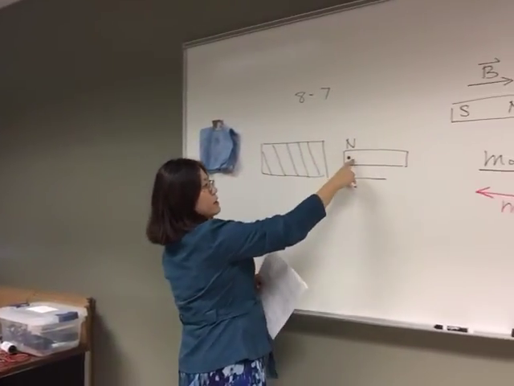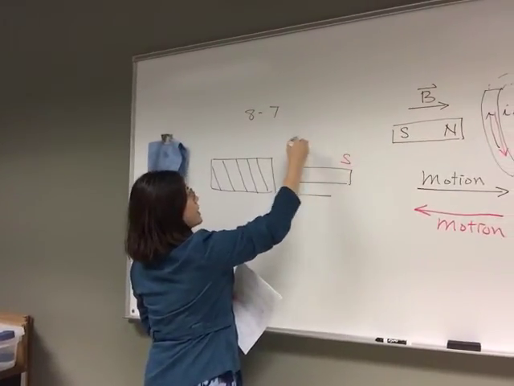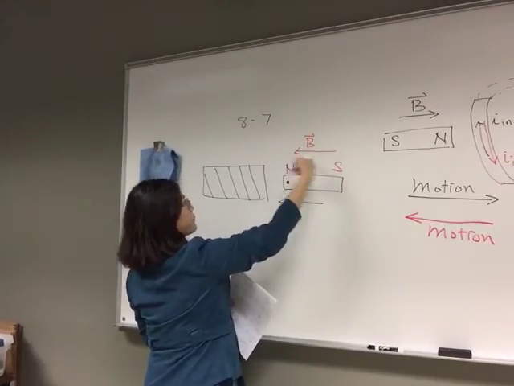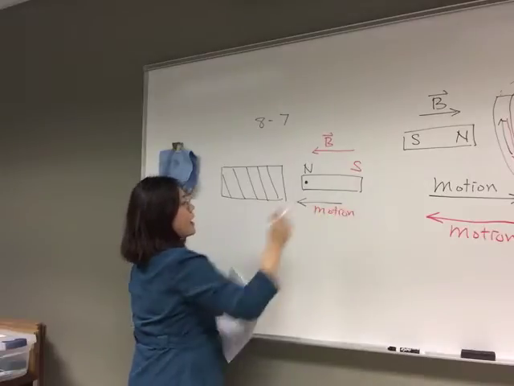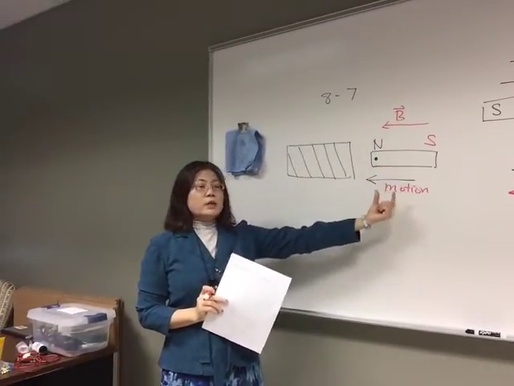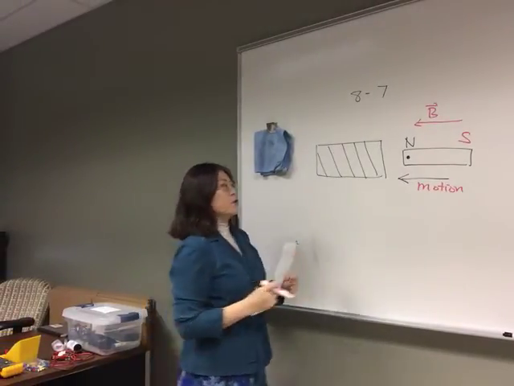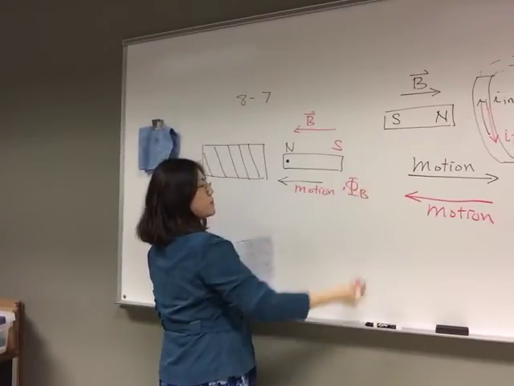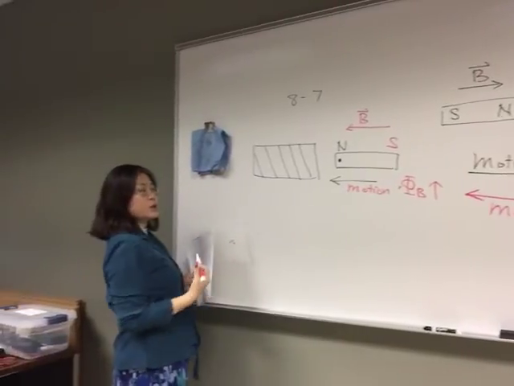You have the north pole here, which means the south pole is there, so your original magnetic field is in this direction, and this is the direction of the motion. When you bring the bar magnet toward the solenoid, you increase the magnetic flux. I want you to write this: magnetic flux phi increases due to the motion inserting into the solenoid.